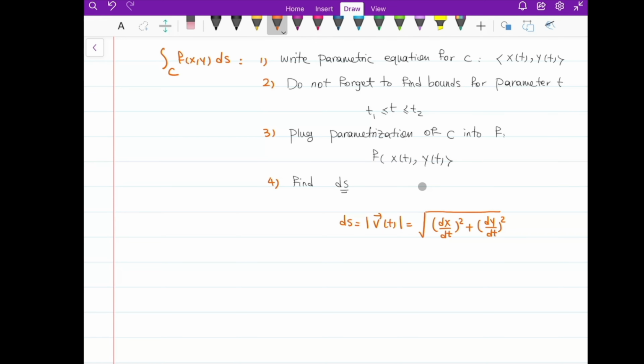That's the formula for arc length. We're going to use this formula for arc length here, and then the last step is to basically integrate.